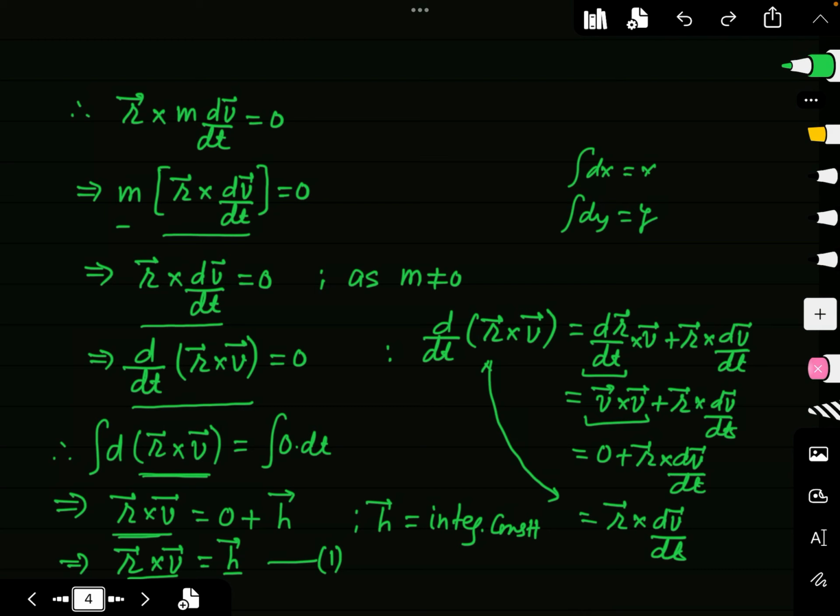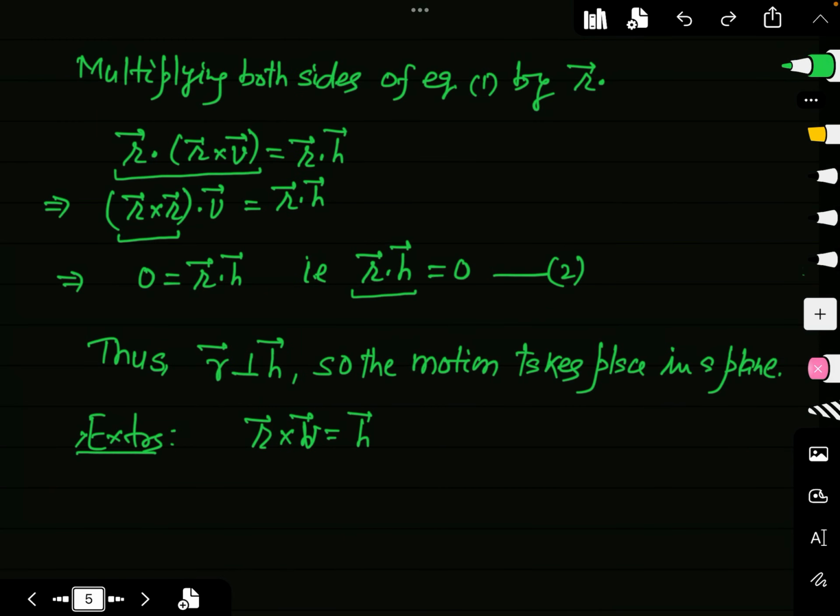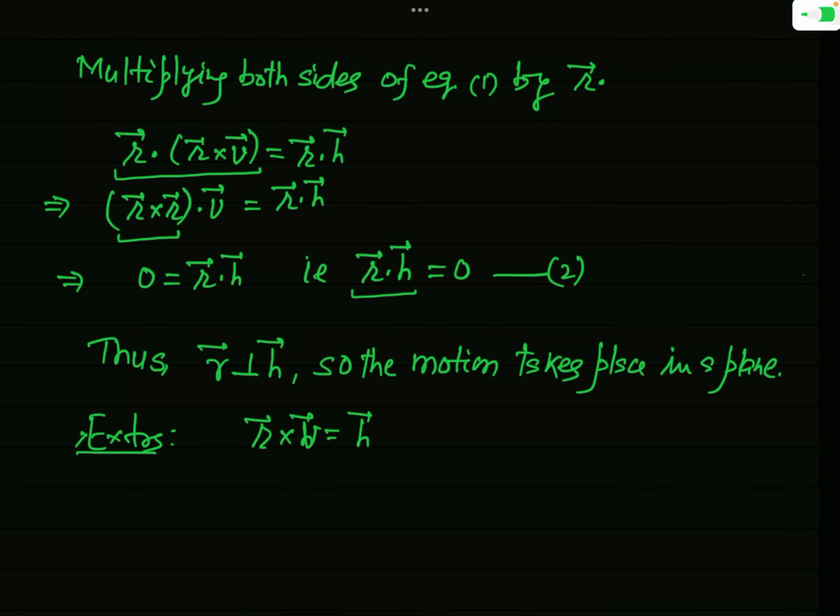Okay. Now let us multiply this equation both sides by m. So m times r cross v is equal to mh.